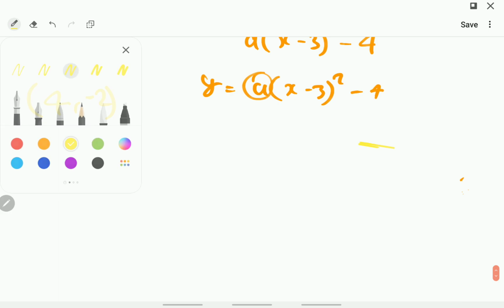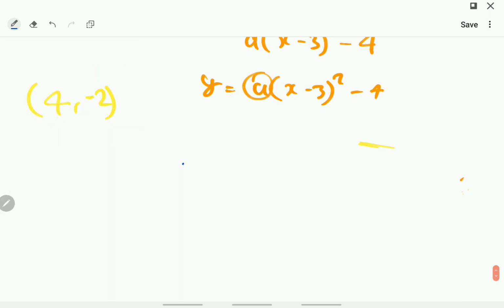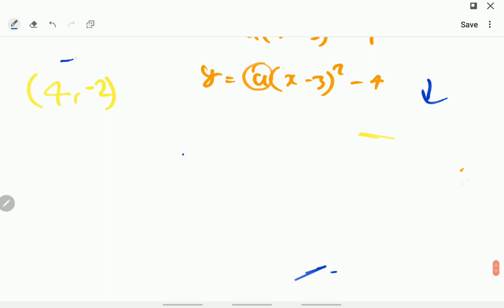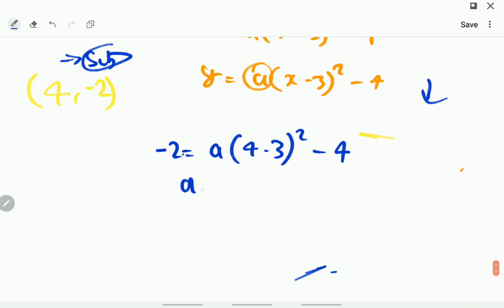If you're thinking what I'm thinking, you've got to substitute this in. So let's say minus 2 is equal to a times (4 minus 3) whole squared minus 4.